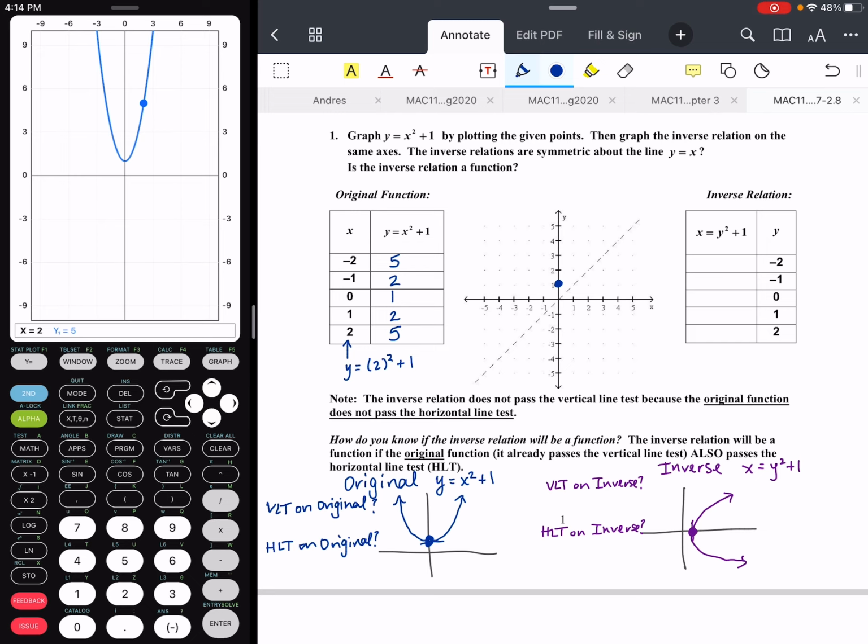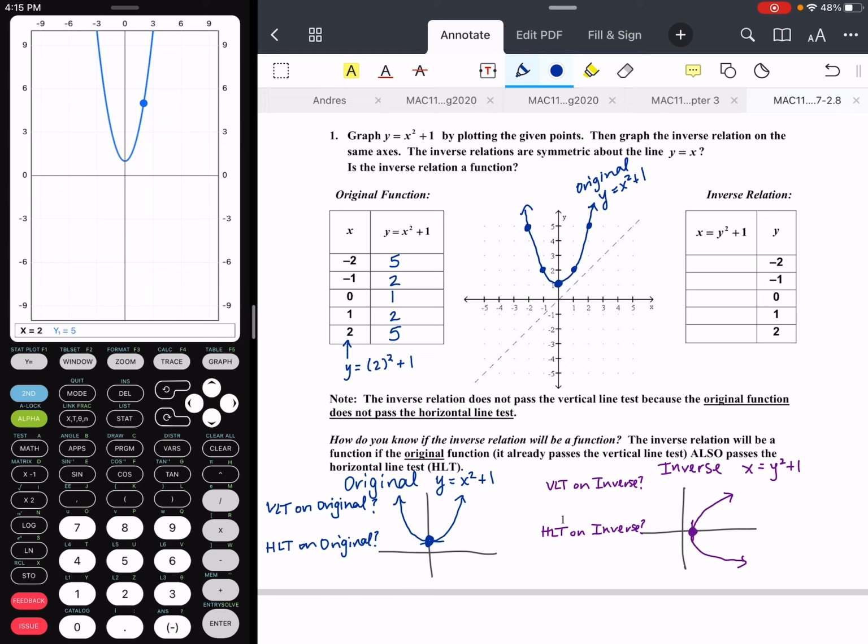So plotting all of these points, we have (-2, 5), (-1, 2), (0, 1), the vertex, then (1, 2), and then (2, 5). I'm going to connect all of these. This is my upward-facing parabola, my original function, y equals x squared plus 1.